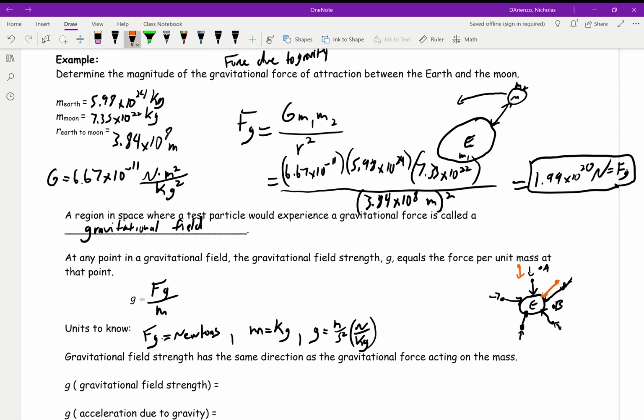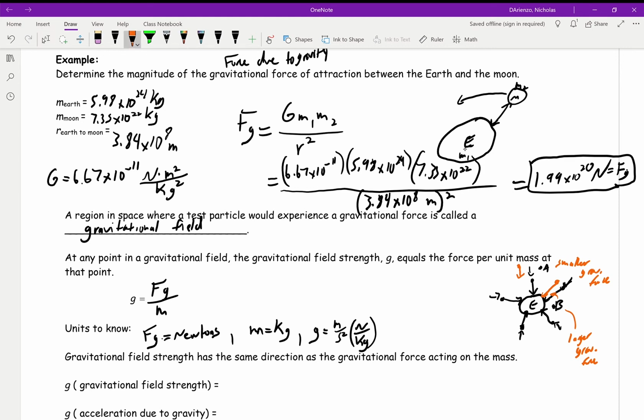So particle point A is going to experience a smaller gravitational force, whereas point B is going to experience a larger gravitational force. So the closer an object is towards the center of another object's mass, it's going to experience a larger gravitational force. And we see that by the larger vector that B is closest to here.